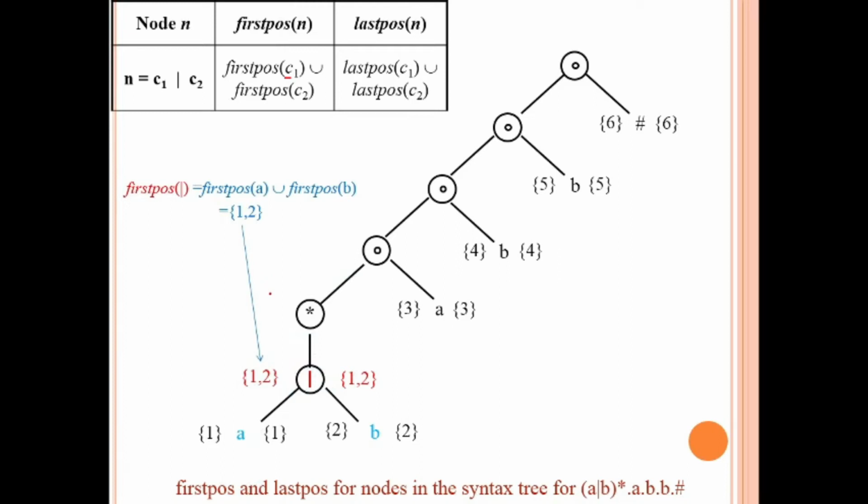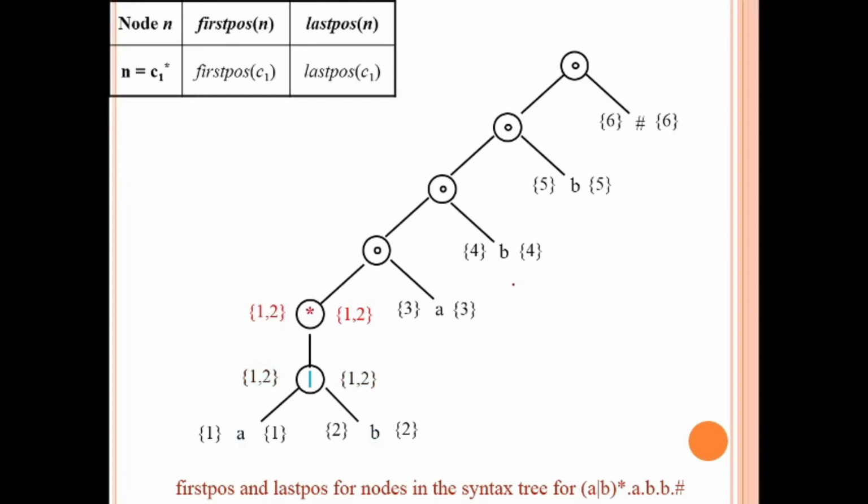So first position of the OR node is equal to first position of A union first position of B. So we can write it is equal to {1, 2}. Similarly, we can calculate last position of the OR node, which, again as per the rule, is last position of C1 union last position of C2. So it is again equal to {1, 2}.